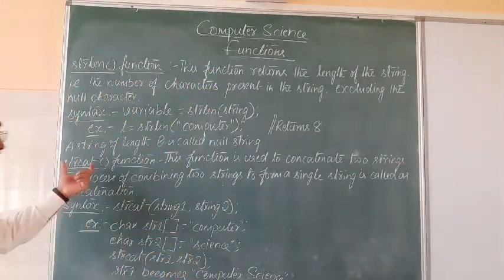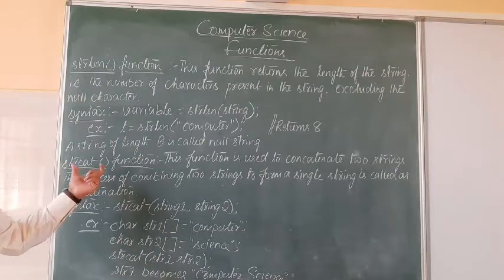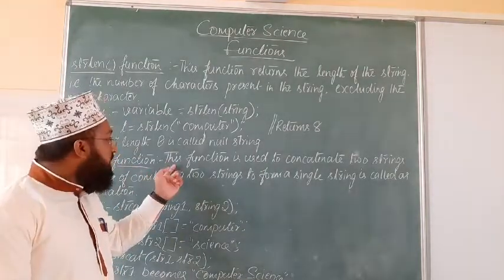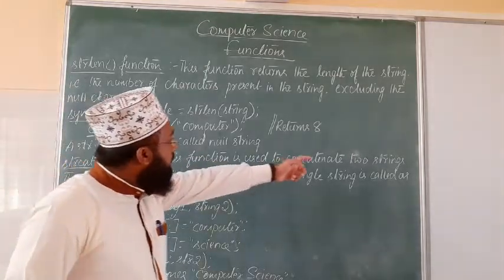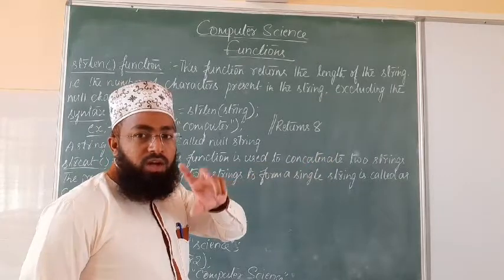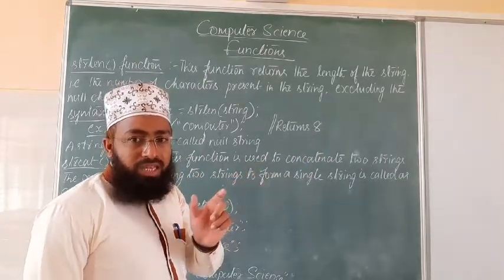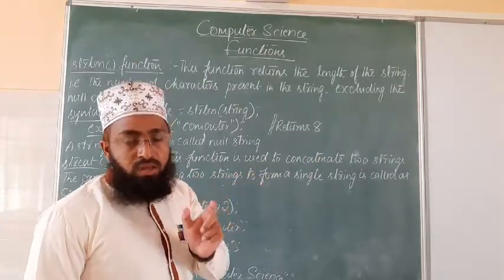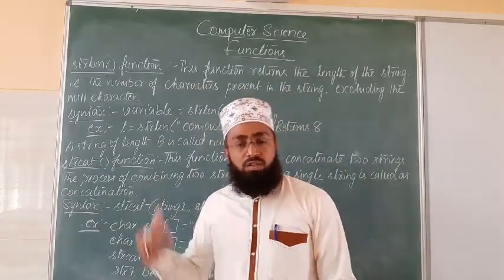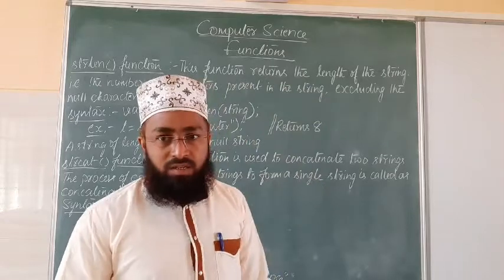Now comes the strcat function. This means string concatenation. This function is used to concatenate two strings. When there are two strings that we want to concatenate, we will use strcat. Now we shall see what is meant by concatenation.